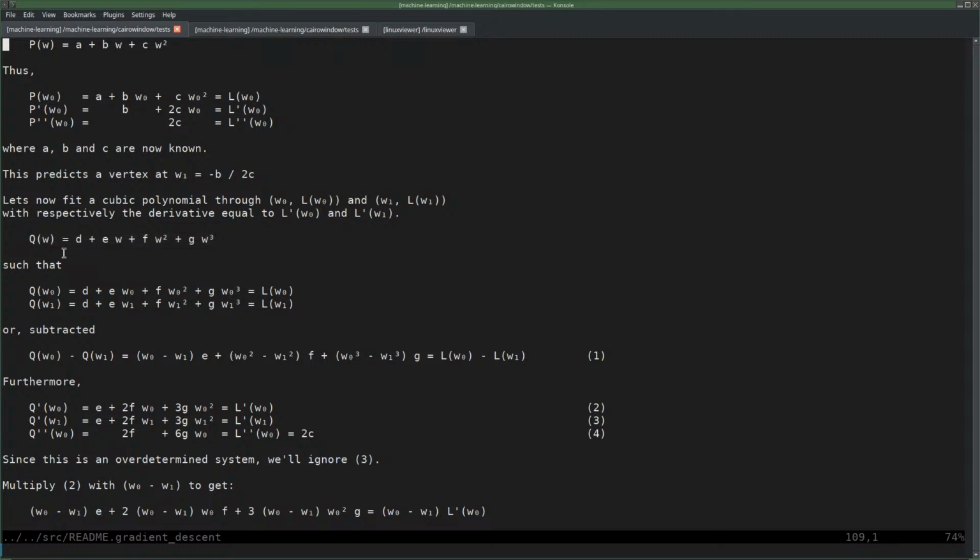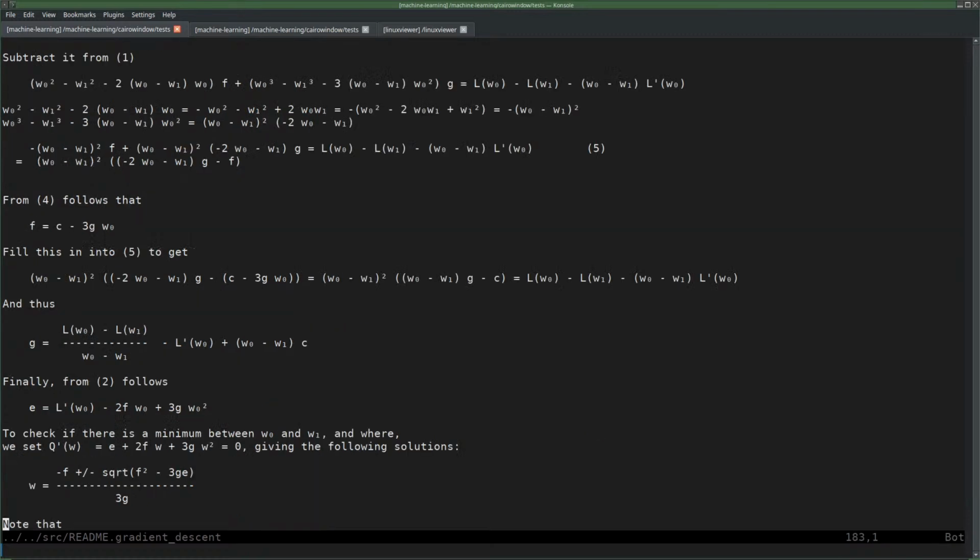And the first one that we can calculate is g, which is the 0, 1, 2, 3rd coefficient. And it is defined like that.